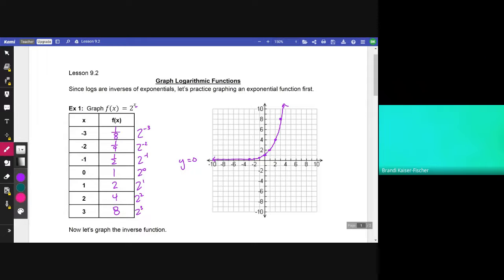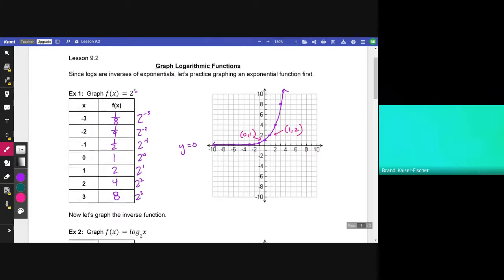Using those basic function rules, 0, 1 should be 1 reference point, and 1, 2 is going to be the second reference point. If you just had those 2 points, you should be able to make a skeleton of this exponential function. But you could also make a table and graph a couple other points.